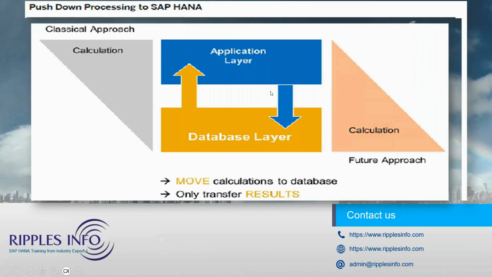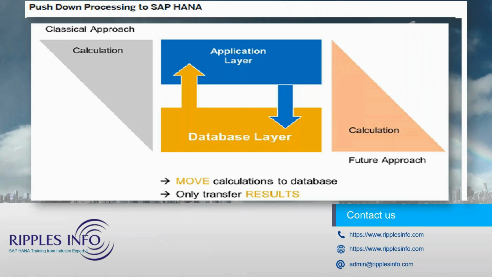Basically, they push down all the data intensive processing to the database layer. Earlier, take applications like ECC running with third-party databases like Oracle or SQL Server. They basically did this processing at the application layer.